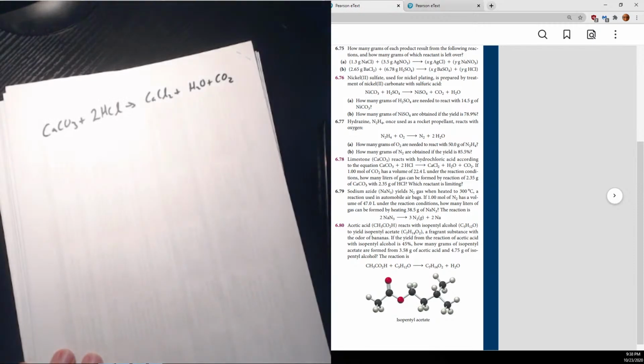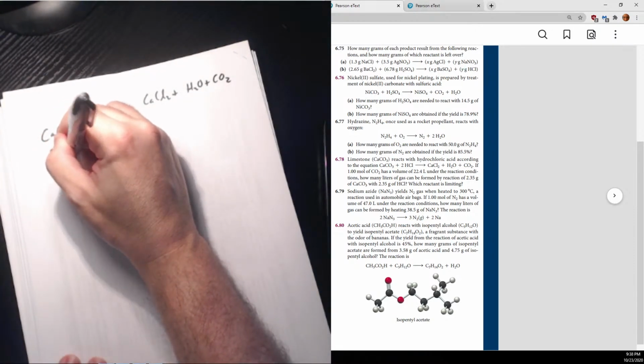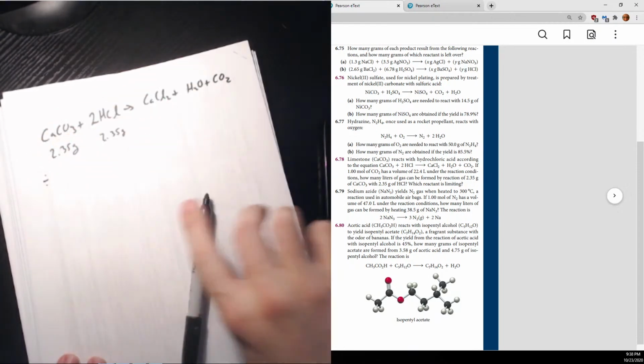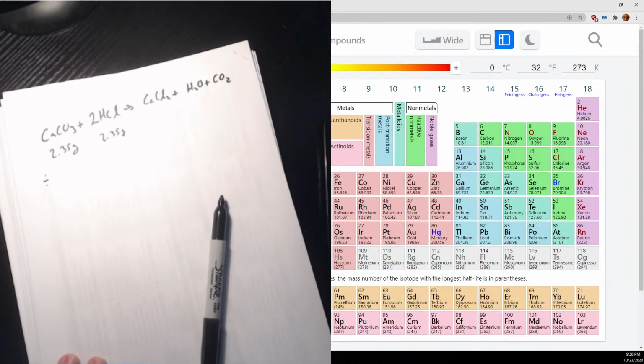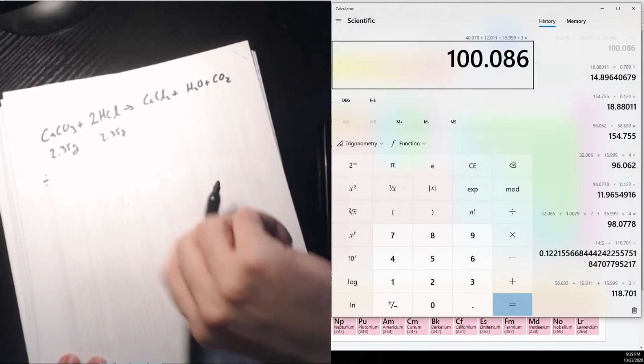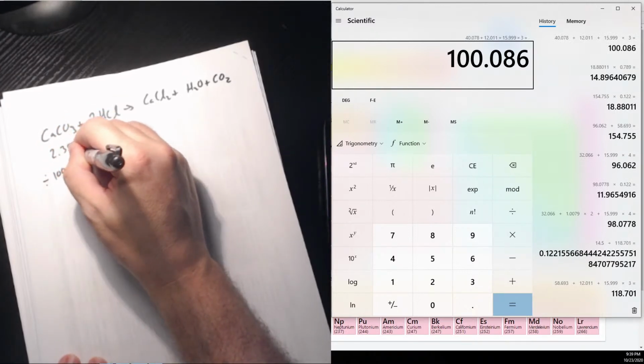Yes, okay. So 2.35 grams divided by, I don't know that. So 40.078... 100.086 grams per mole.